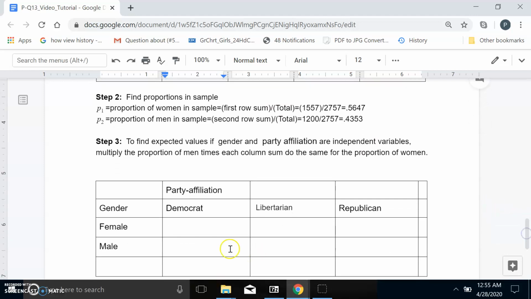So you're going to put 1246 here, and 1246 here. And the first 1246 will be multiplied by the proportion of women in our sample, and that's going to be the 0.5647 here.